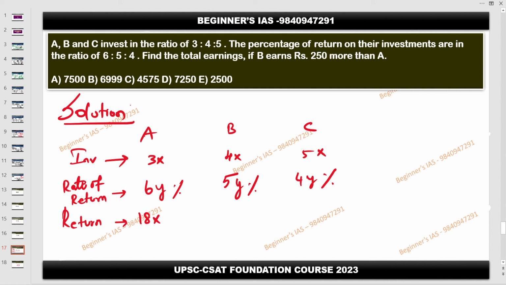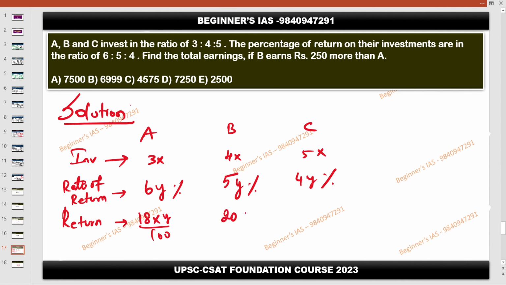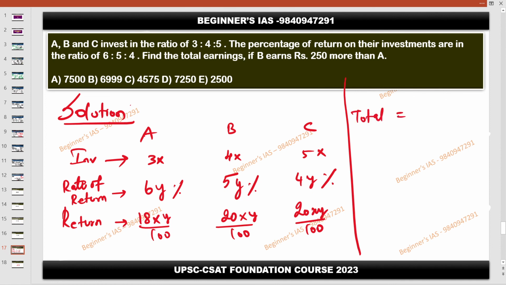Investment is equal to 3x, multiply 3 into 6, 18. Percentage means what? 100. Then here 20xy by 100, here 20xy by 100. So what is the total now? Total is 18, 20, 20, 58, 58xy by 100.